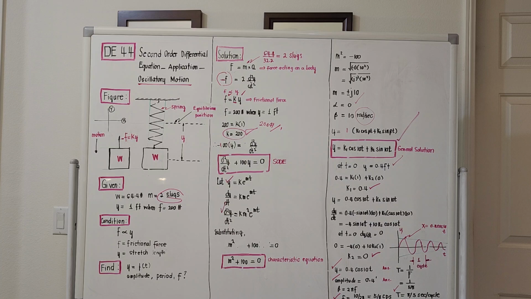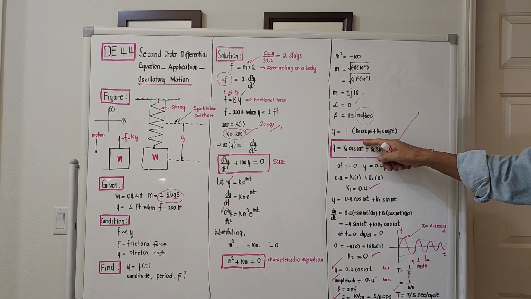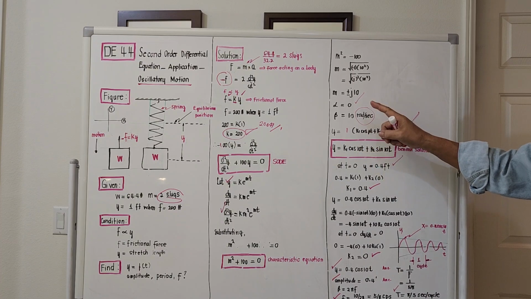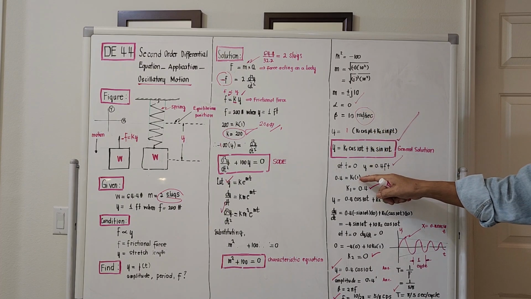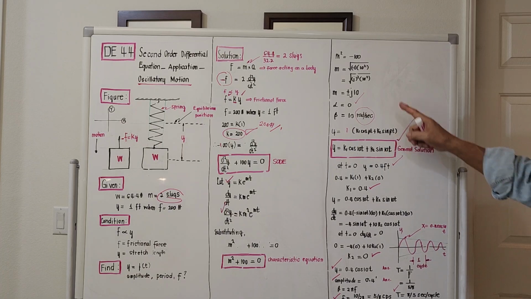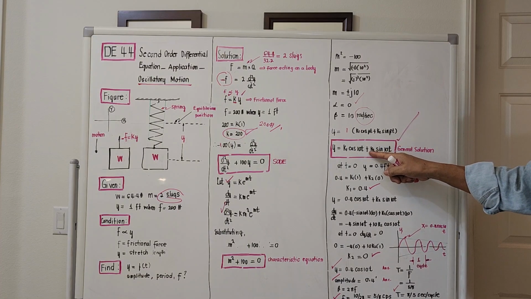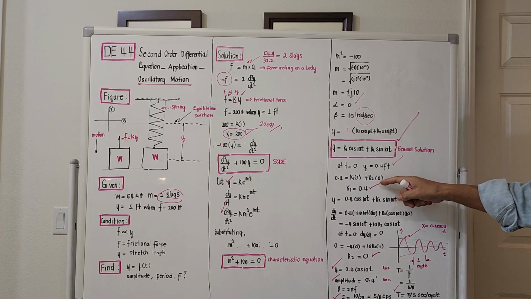Okay, let's try to simplify a little bit. At time t equal to 0, 10 times 0 will be 0, and the cosine of 0 is actually 1, so this is times 1. Plus k2, 10 times 0 will be 0, and the sine of 0 is 0, so k2 times 0 is now 0.